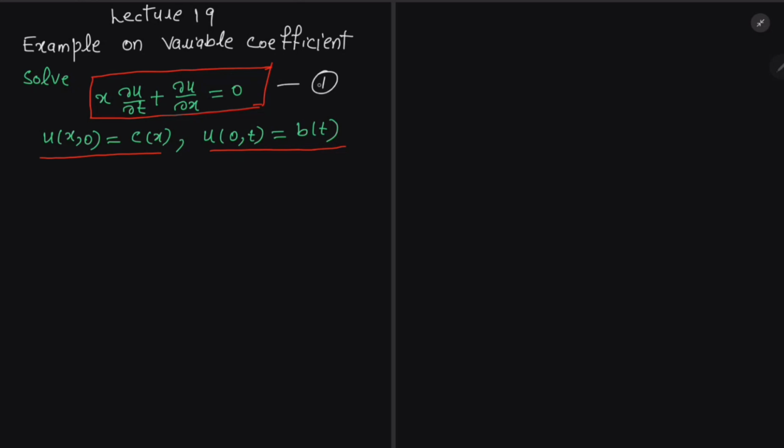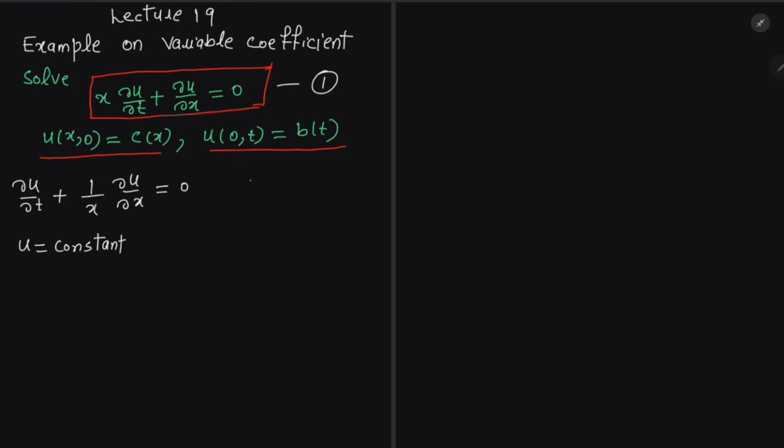We write equation 1. I need to solve this equation. So we write equation 1 as partial u by partial t plus 1 over x partial u by partial x is equal to 0. As we developed a theory about characteristics, all the information travels on the characteristics. So for that, we write u is equal to constant.